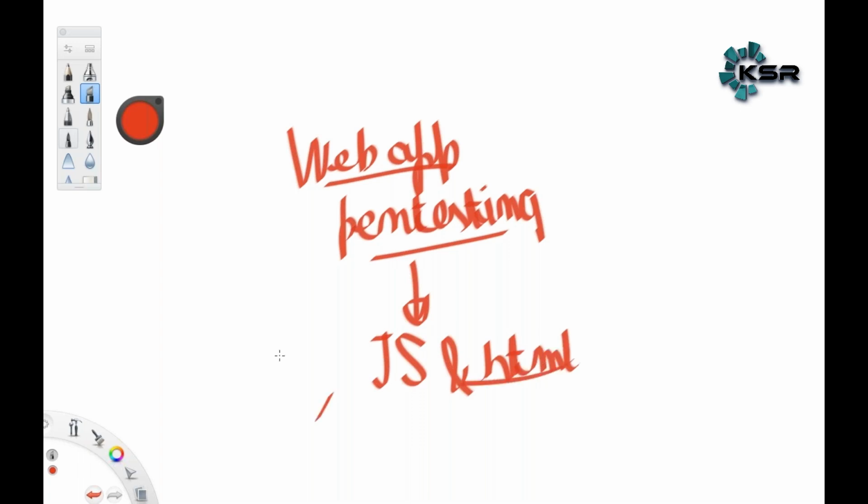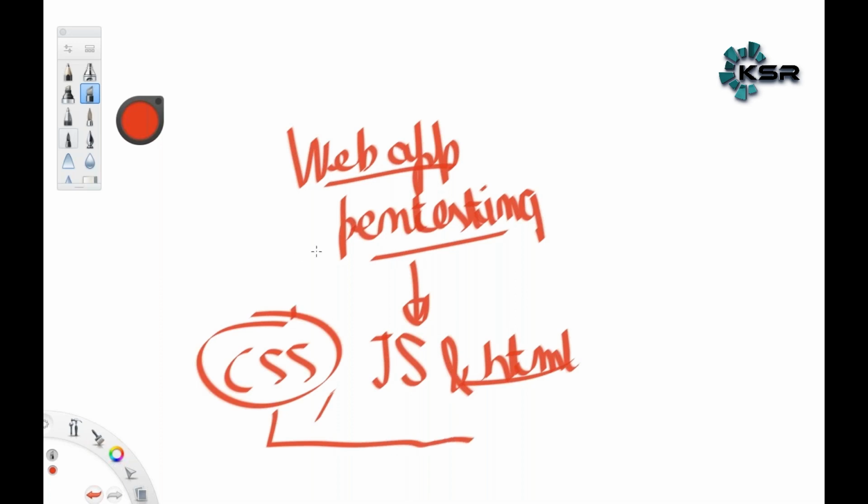CSS is involved as well, but CSS has not much to do with web app pen testing. That's only for styling. HTML is for structuring, but you can also cause basic attacks with HTML. So don't worry about it. When we deal with web app pen testing, I will start that.